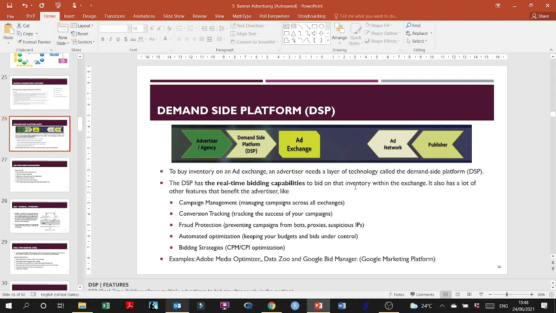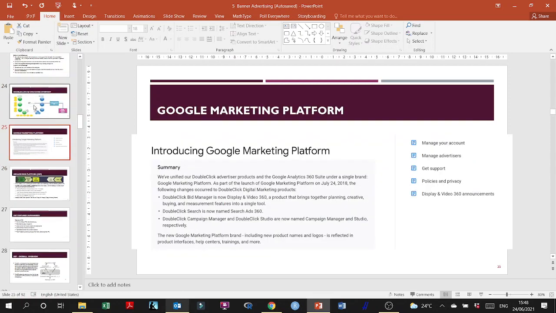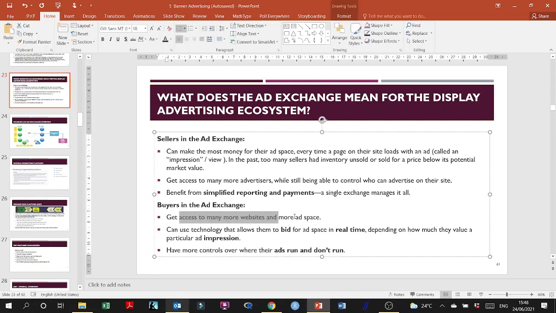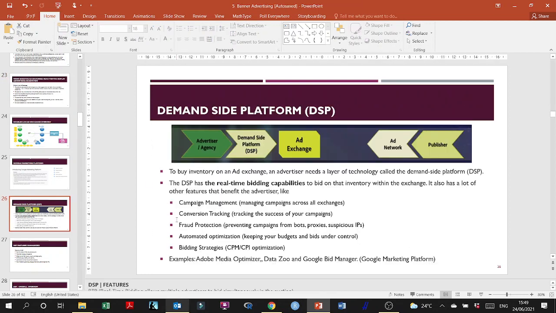And it also has a lot of other features that benefit the advertiser. We talked about some features over here. Why and what does it mean for the buyer? We said get access to many websites and ad space, pay for the fair share of the impression, and have some control where to run your advertisements. Now, let's learn a little bit more.